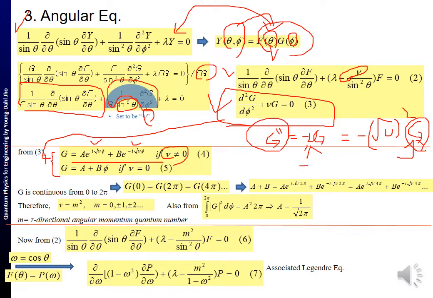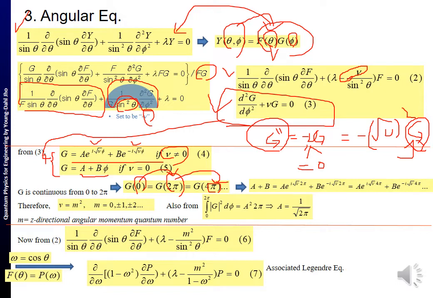When mu is zero, the second derivative is zero, so G is a linear function of phi. The most general solution is a plus b phi. And then G is continuous from 0 to 2 pi. It means 0 and 2 pi are the boundary, and it repeats again and again. So every 2 pi, the equation should have the same result.